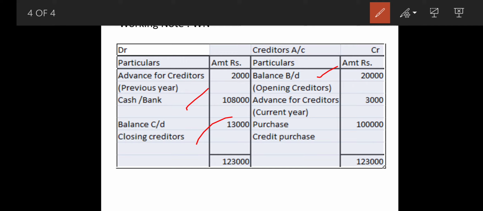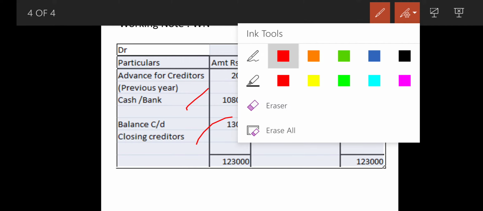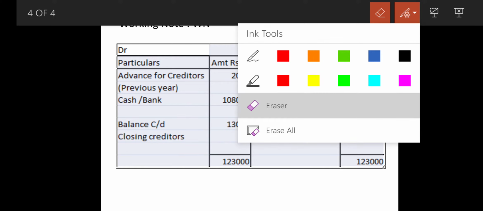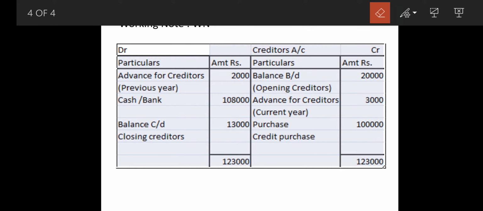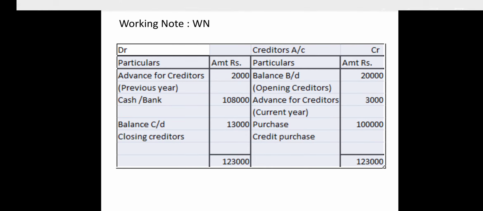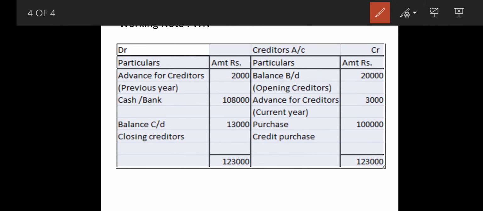closing balance as usual, and payment. This much is transferred. Now you have to focus on the advance item. So the advance given in the sum, I have transferred: that is advance to creditors, this much, and advance to creditors current year, this much.